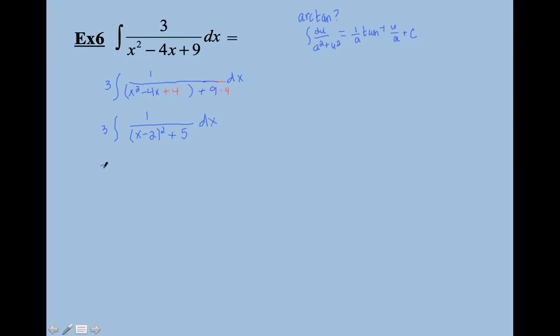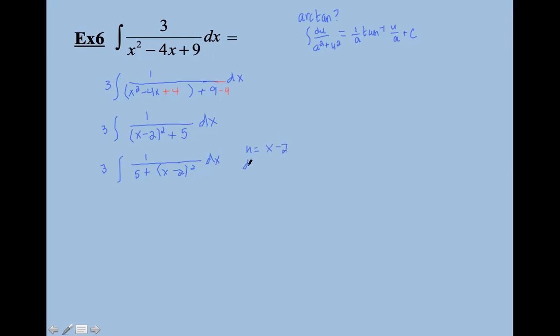I'm going to switch things around because our a is the value that's the constant, and our x minus 2 is going to be our u value. All right, so our u is equal to x minus 2.